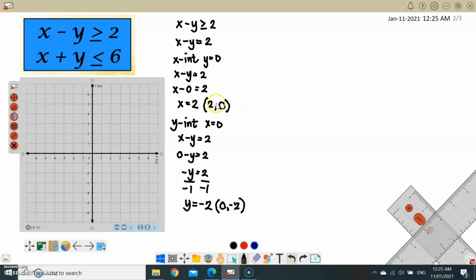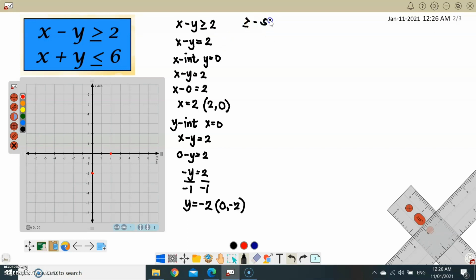So we're going to plot the points on the Cartesian plane. So 2, 0 is here. So we're going to plot the point. And then 0, negative 2 is here. After plotting the point, we're going to connect the points in order for us to have our boundary line. Remember, boundary line. So if the inequality used is greater than or equal to, what would be our boundary line?